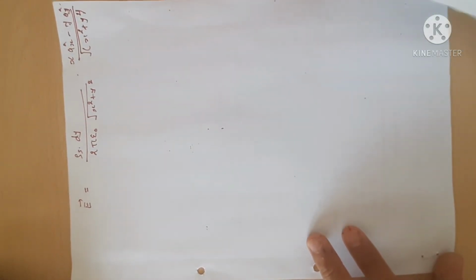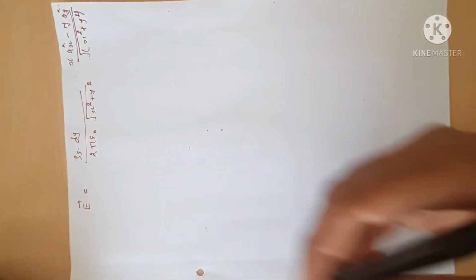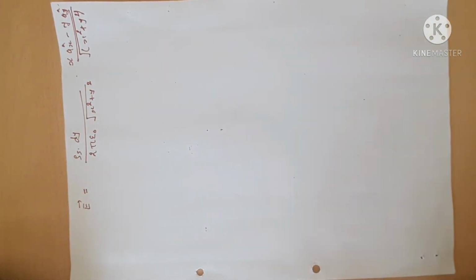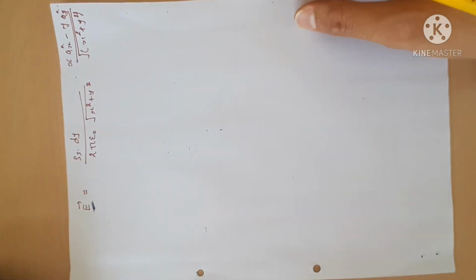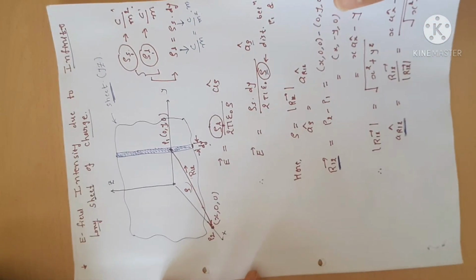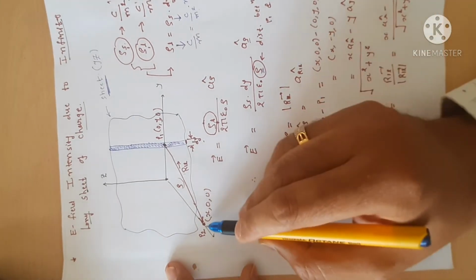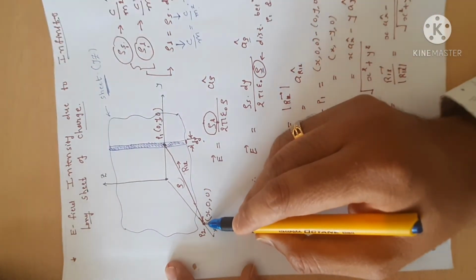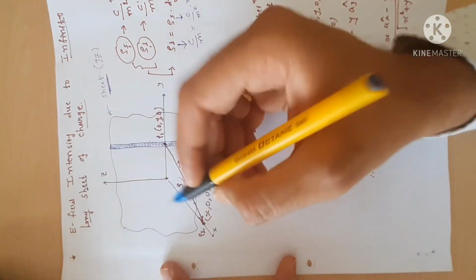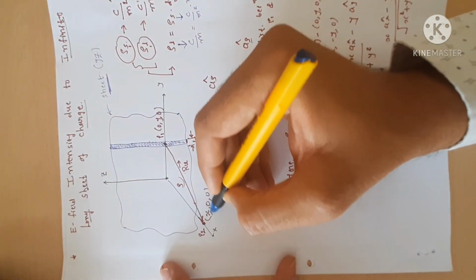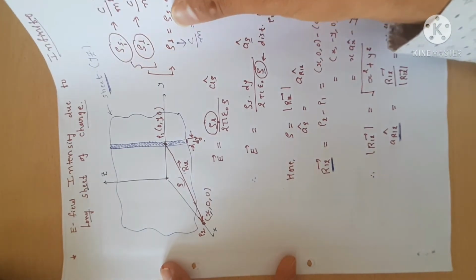Fine. Okay, so now the main thing is the direction of our electric field at point P2. As you can see in this figure, electric field at point P2 is in the x direction, because point P2 itself is present in the x direction.